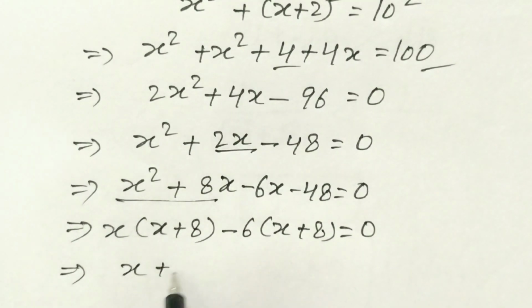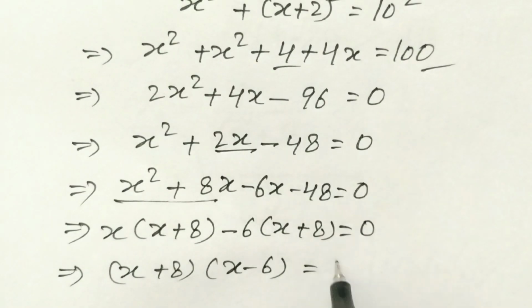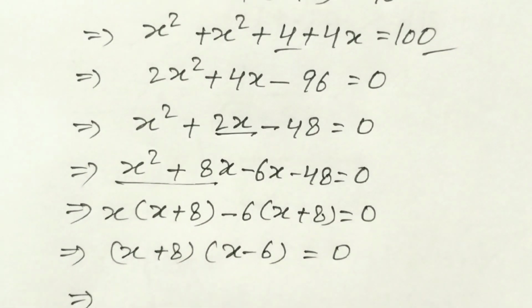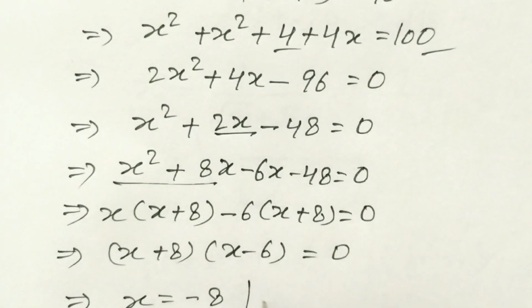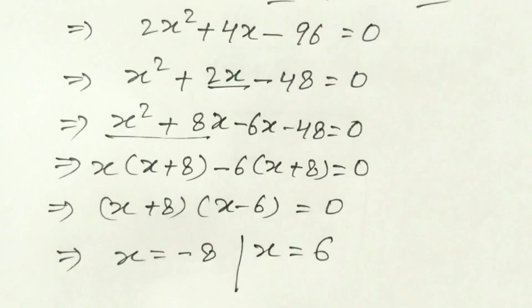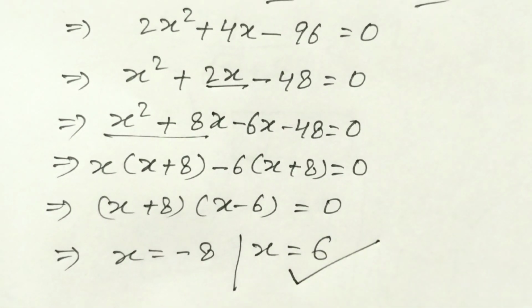So x plus 8 and x minus 6 are the factors. So x is equal to minus 8 and x is equal to 6. So we will accept this value.